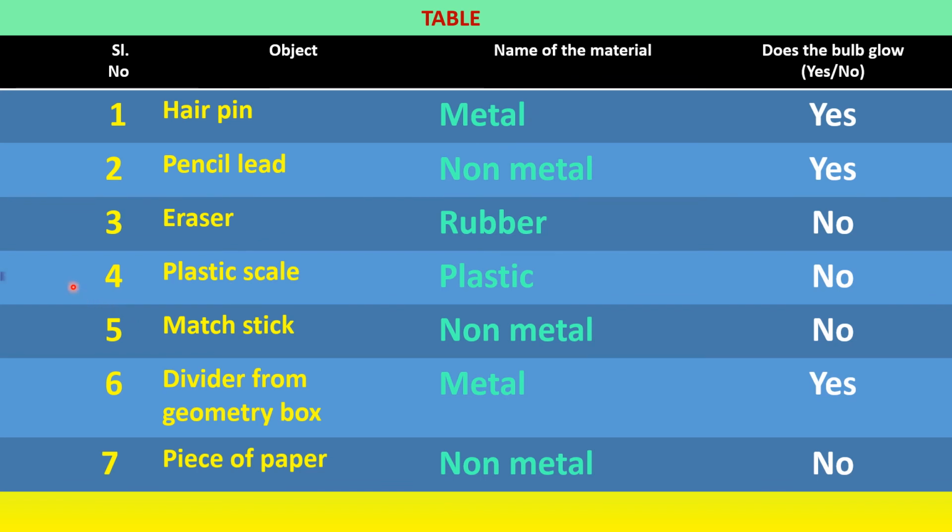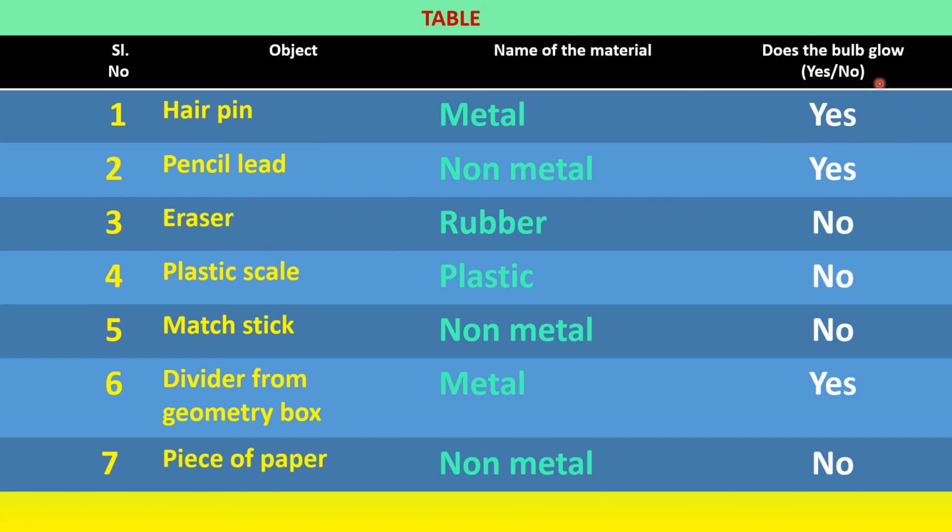Next, when a plastic scale is connected, the bulb does not glow. Like this, matchstick, no. Divider from the geometry box, yes. And a piece of paper, no. So in some cases the bulb has glowed and in other cases it has not.